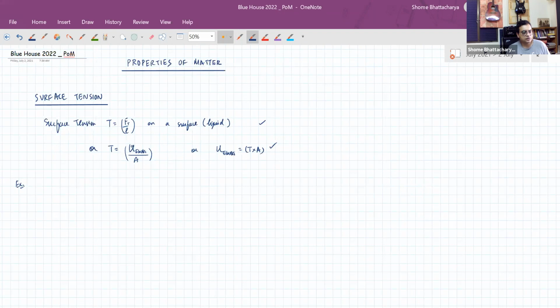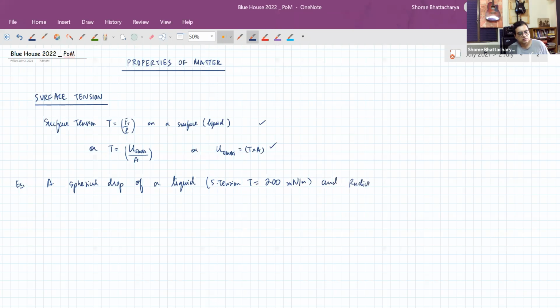Suppose we have a spherical drop of a liquid, with a certain surface tension (200 millinewtons per meter) and radius, let's say, 8 millimeters.